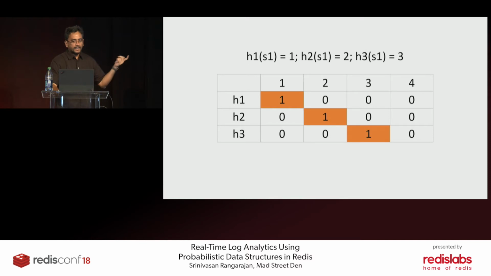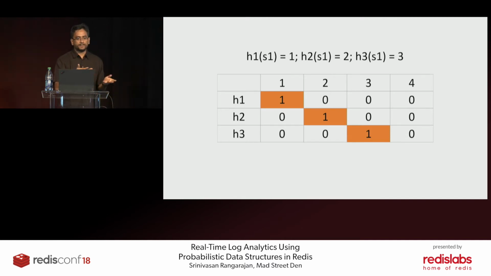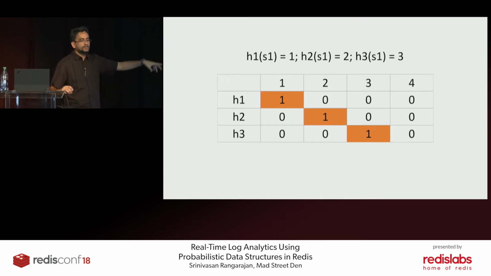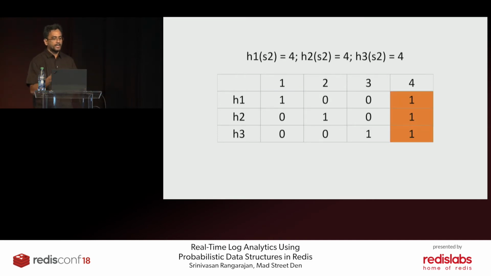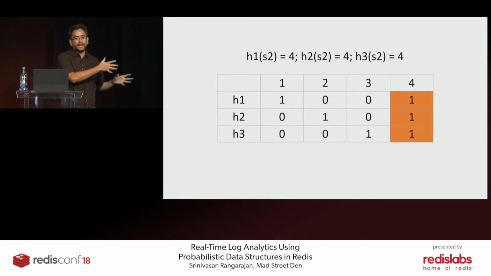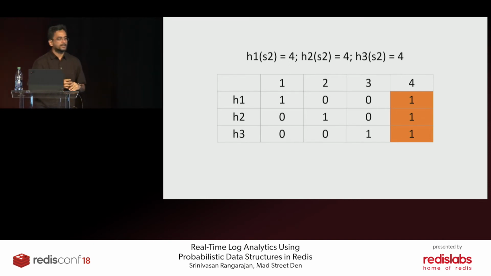So I'm adding one item S1, and the hash function returns 1, 2, and 3 for h1, h2, h3 respectively, and I just mark all those values as 1. I increment it by 1, and let's take S2, the second value comes in, and I mark the 4th element as 1, 1, 1, because the hash returns 4 as the value, so I mark those elements as 1.